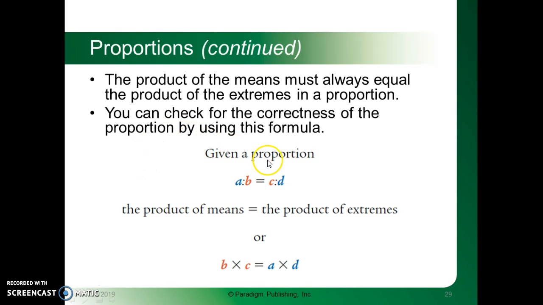So given a proportion, A to B is equal to C to D, the product of the means will equal the product of the extremes. If you multiply the means, B times C has to equal A times D in order for it to be an equivalent proportion.